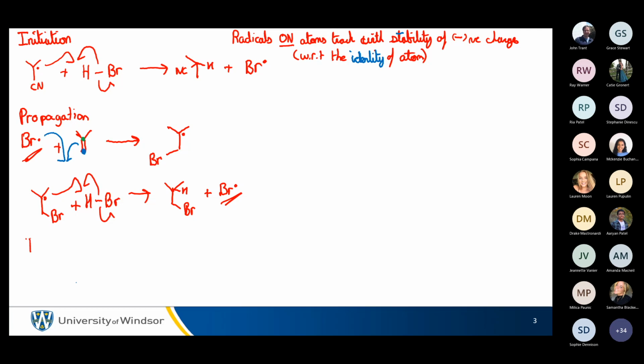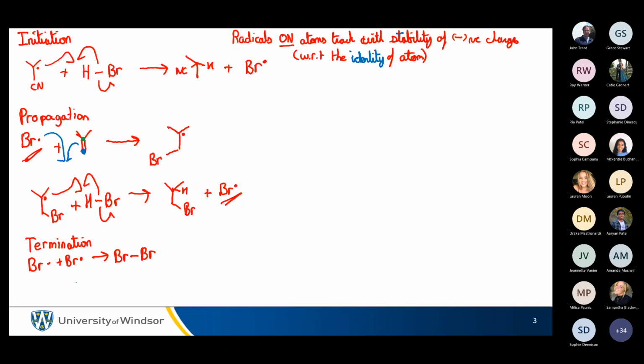We can then draw the termination steps. So in the termination steps, we draw all possible combinations of the radicals from the propagation steps. There were two radicals, so there's three ways of putting them together: head to head, tail to tail, and head to tail, because tail to head is the same thing as head to tail.